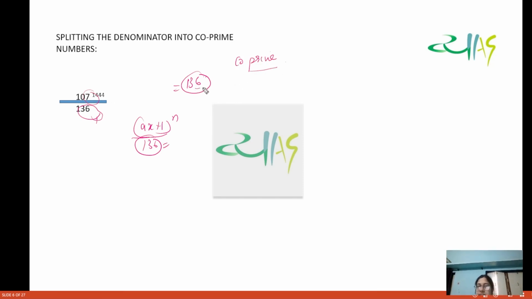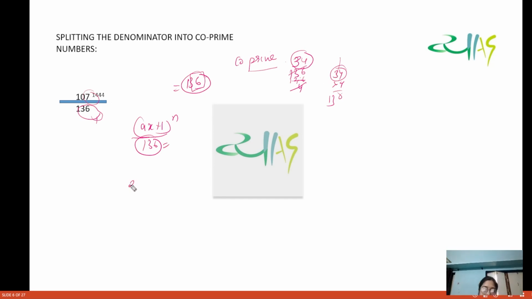Now this is 36. We obviously know this is divisible by 4. So let us take the factors. 4 threes are 12, and 4 fours are 16. You can check this calculation as well.